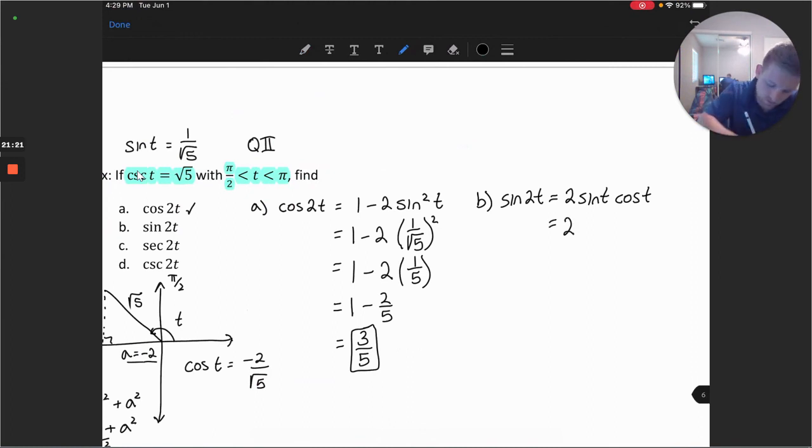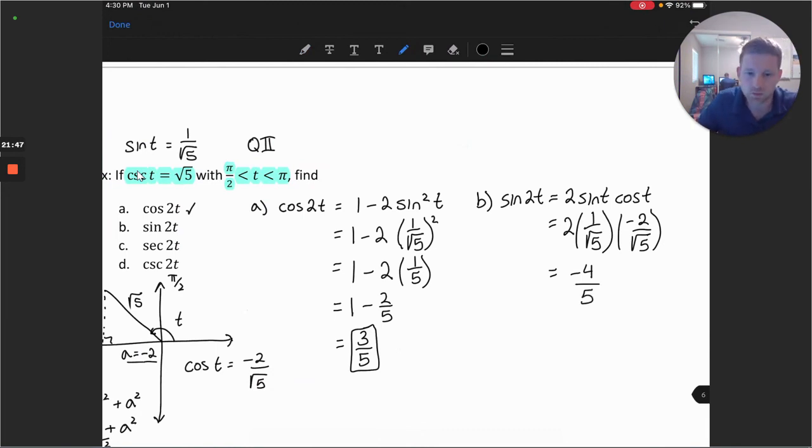The sine is going to be 1 over the root 5, and the cosine was negative 2 over root 5. Looking at the numerator here, 2, 1, and negative 2 gives us negative 4. And then root of 5 squared is just 5. So that'll be negative 4 over 5.